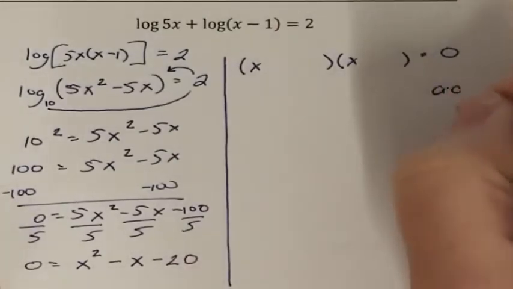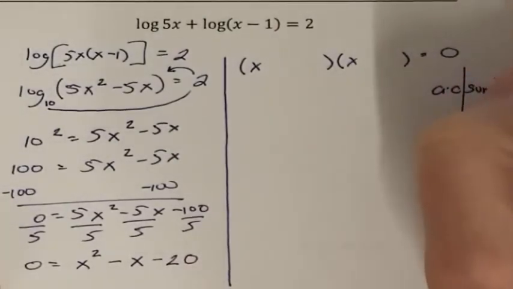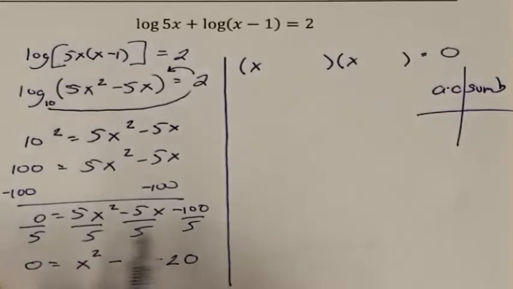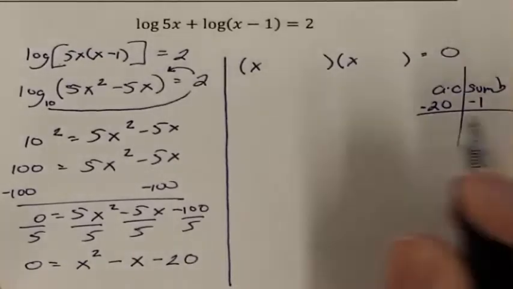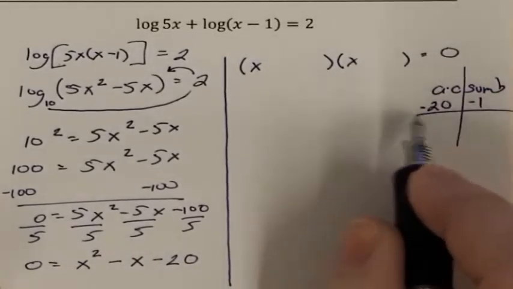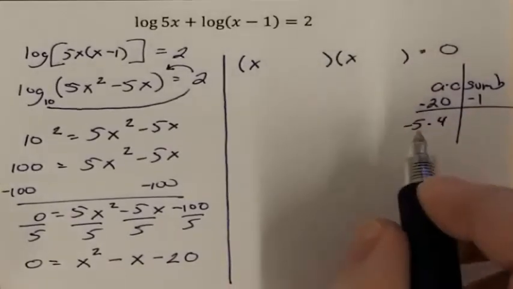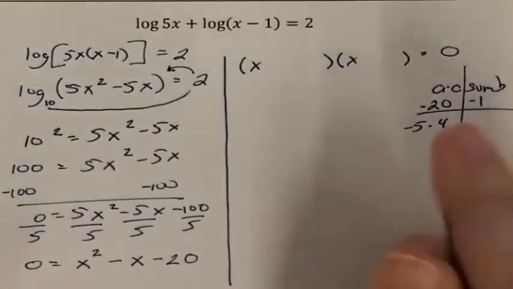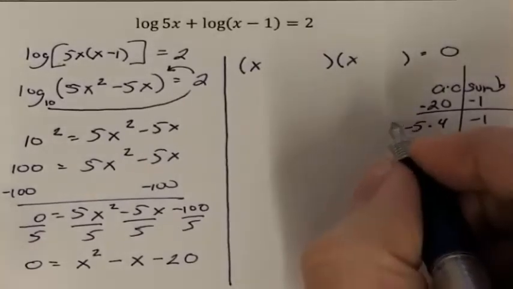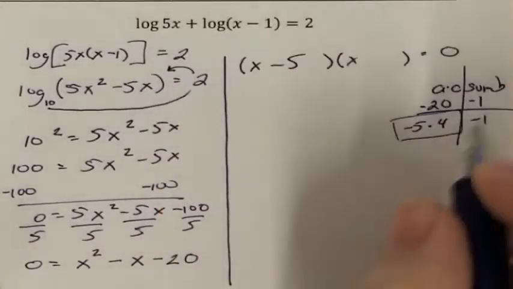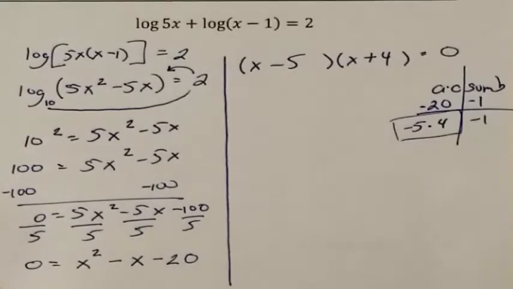And you do that with the a times c, add up to b chart. A times c is a negative 20, my b is a negative 1. What two numbers multiply to give me negative 20, but when I add them together, I get negative 1? Negative 5 and a positive 4 multiply to give me negative 20. Adding, they do give me the negative 1.